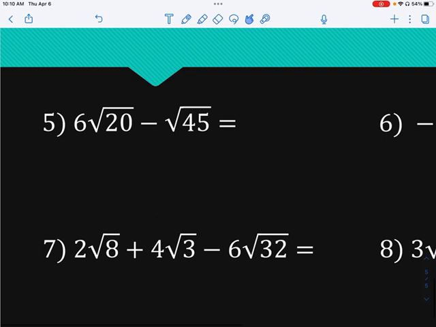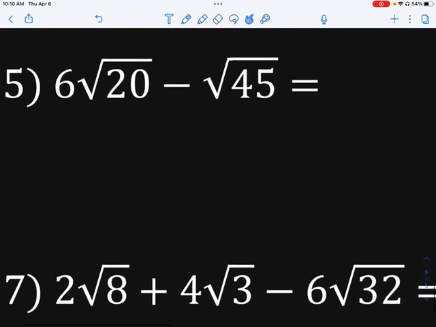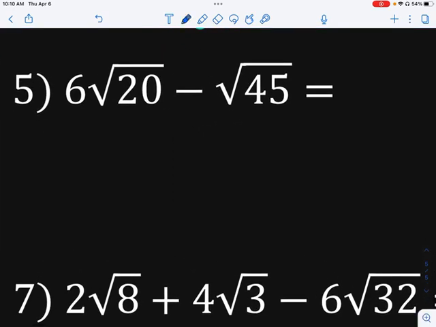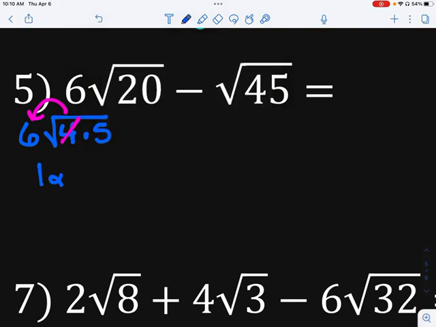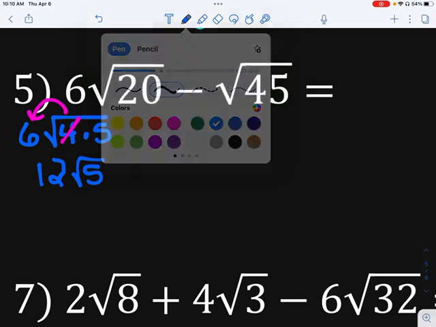Okay? On these last 4 then, we look at this first one, number 5, we're looking to simplify. So we start off and say, okay, I have 6. Now I look at the square root of 20 and I break it down and say, okay, that is 4 times 5. So then I say, okay, the square root of 4 is 2. So that is going to turn that into 12, because remember we take that 2 times the 6, square root of 5. Then over here, I do the same thing.